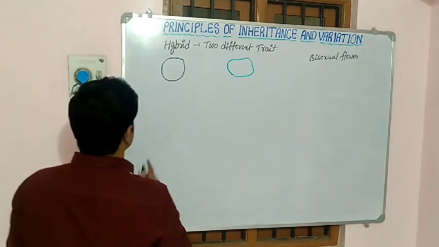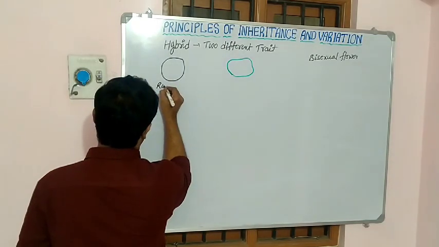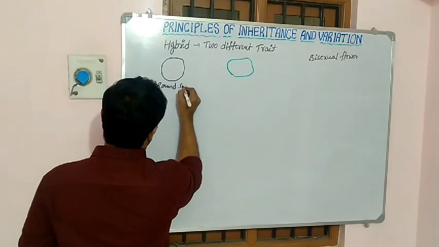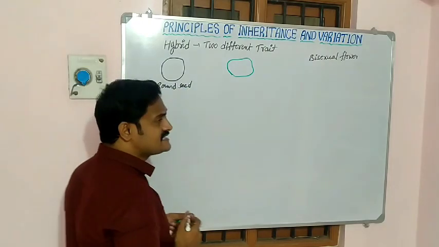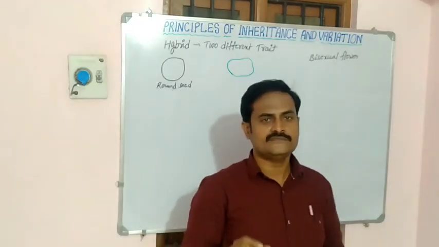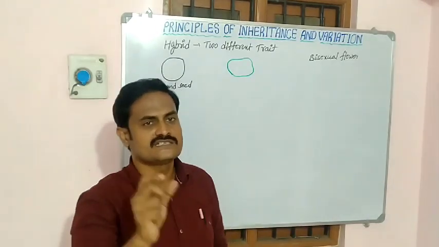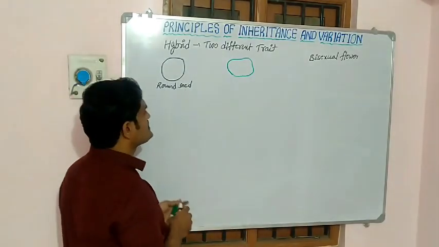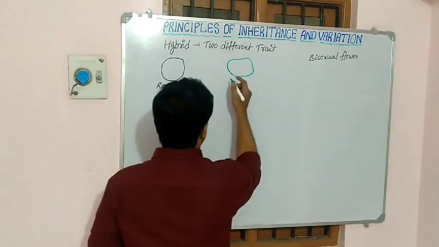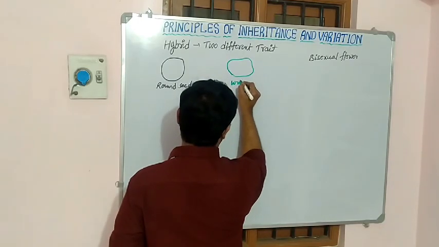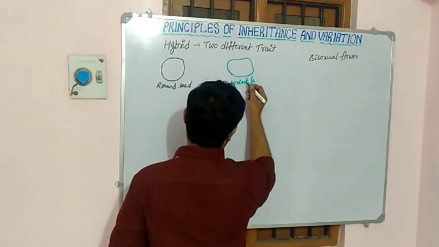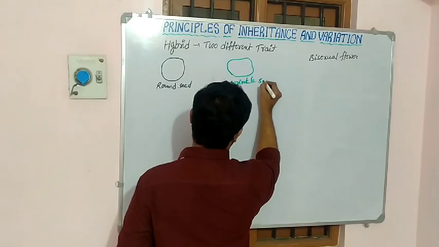See, this is which type of seed? Round seed. So that means a round seed containing plant. Mendel chose the round seed containing plant, and the second one is a wrinkled seed containing plant.